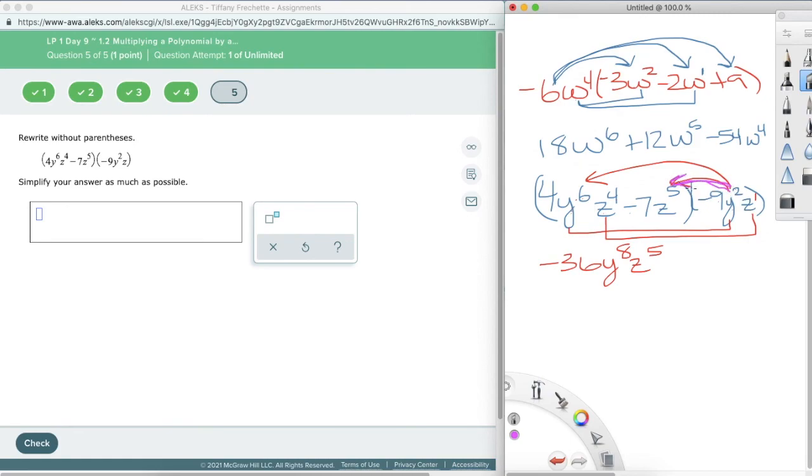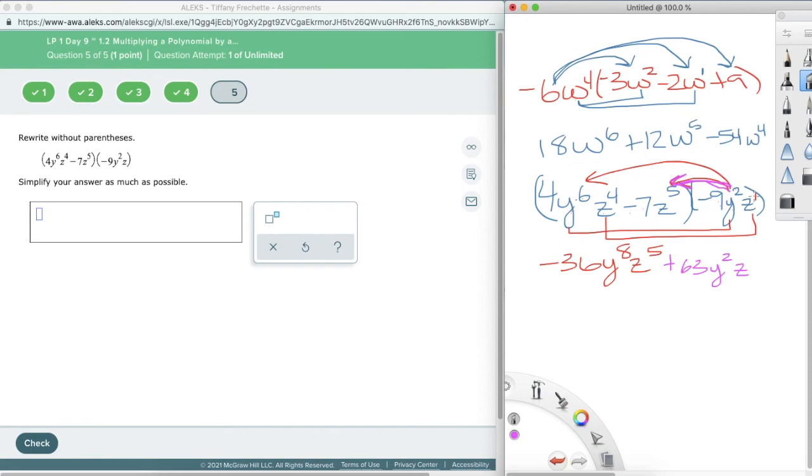So negative 9 times negative 7, that's going to be a positive. And in this case, let's see, that would be 63, I believe, right? Yeah, 63. Took me a second there. 63. And we don't have any y's to combine. So the y just stays y squared. But z's, I do have some to combine. I have 5 here and I have 1 here.